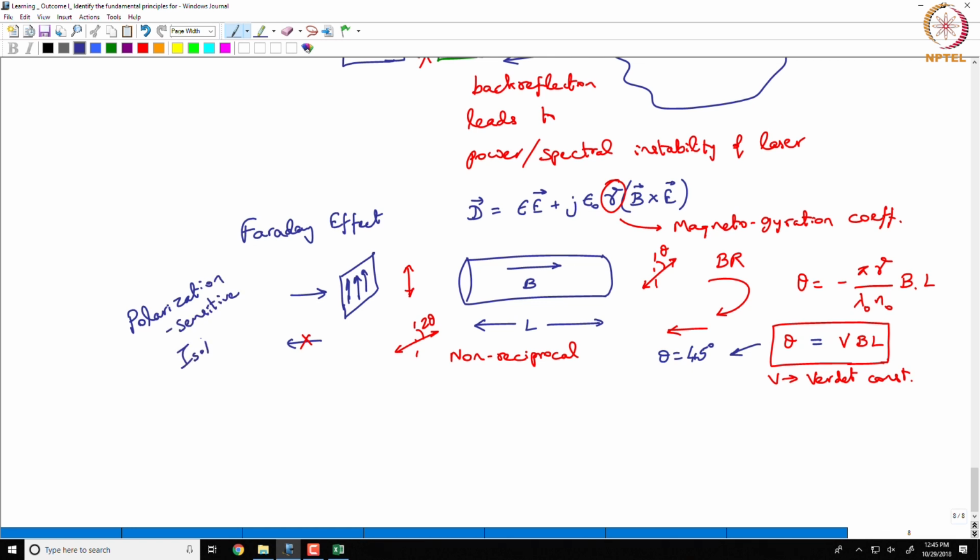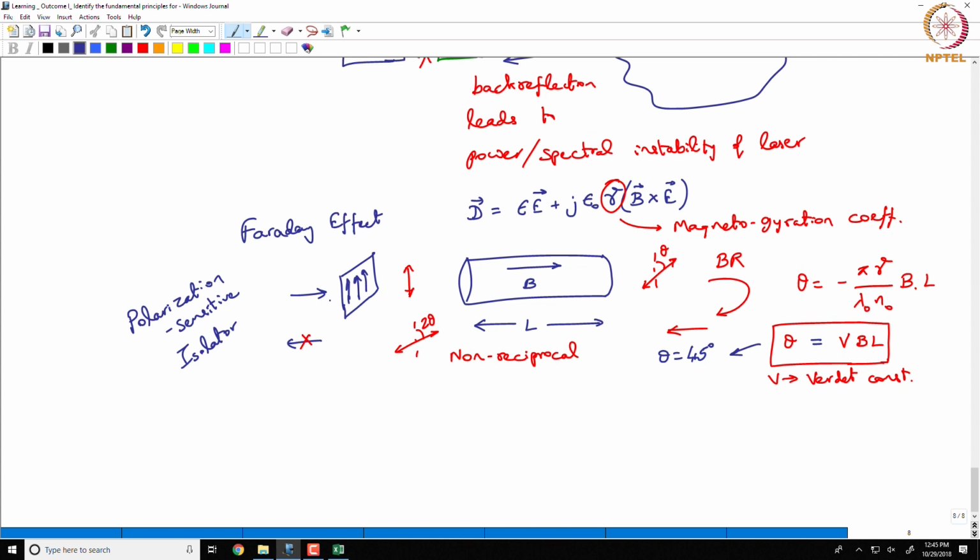sensitive isolator. It is called polarization sensitive also because of the fact that only if you have polarized light will you have maximum throughput, right. Only if you have polarized light matching the input polarizer, then you have maximum throughput. If you have circular polarization, for example, coming in, that polarizer right up front would have taken out one of the polarization components.